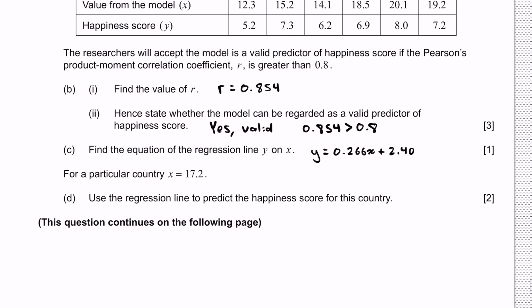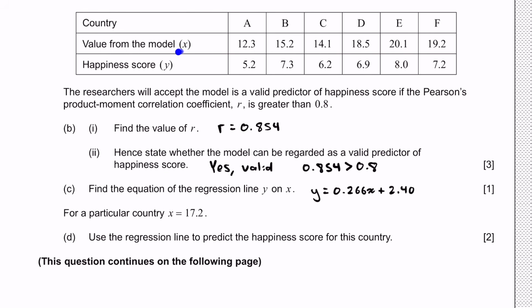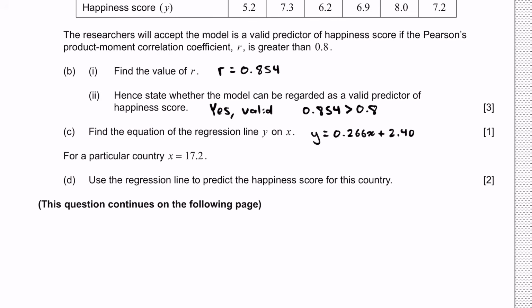This is essentially an input-output question. We have a model which links happiness score to this model x, this parameter here. We have an input, and we're just asked to find the output, that is to say the happiness. So let's write this out. Y is equal to 0.266 times 17.2 plus 2.40. Let's go ahead and work this out on the calculator.